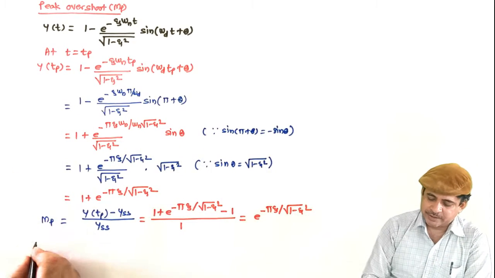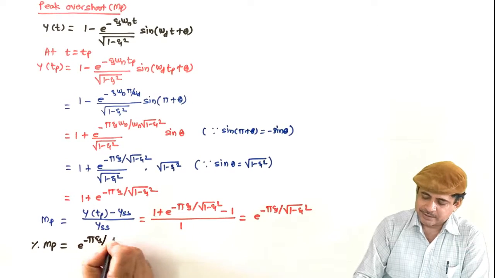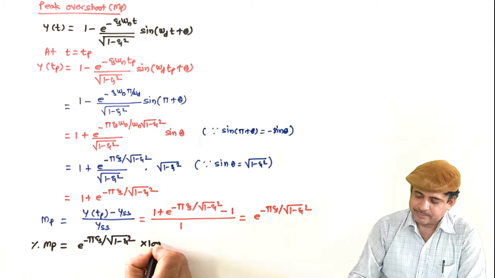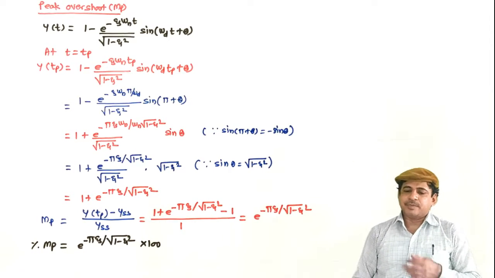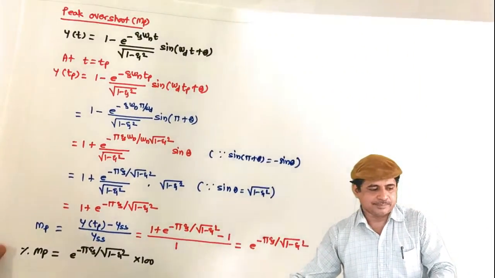And when you talk about percentage MP, it will be equal to e raised to minus pi zeta upon under root 1 minus zeta square into 100. Very simple. Now the last derivation is for the settling time, and it has many folds and we can derive it in many ways, or two different ways that we will see.